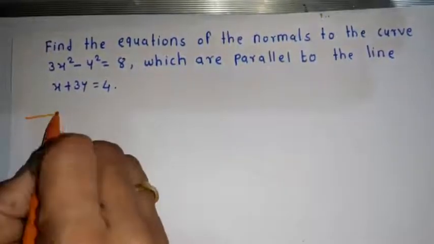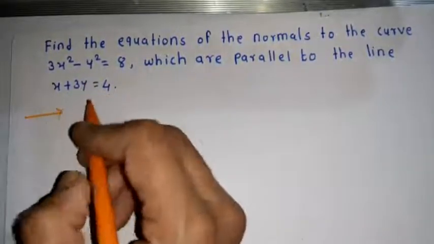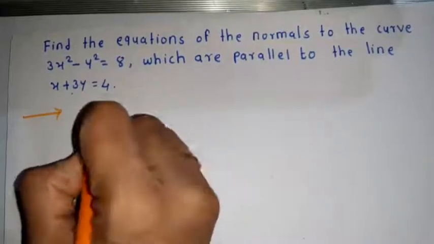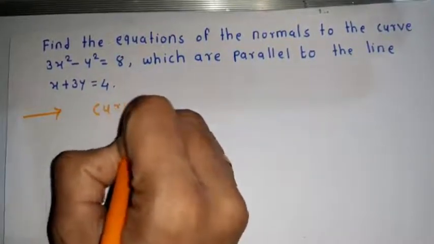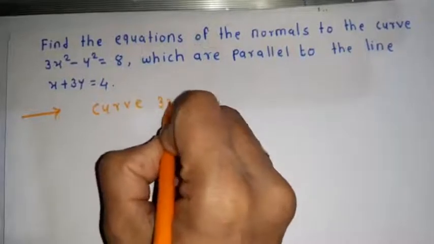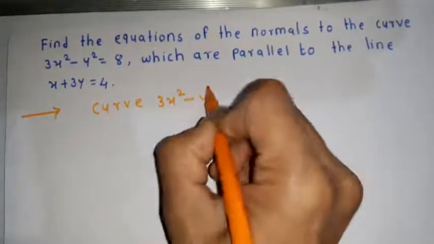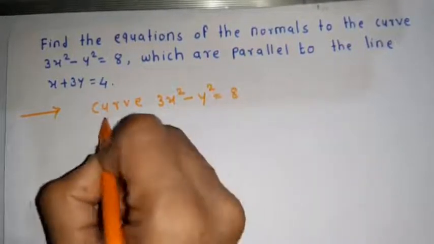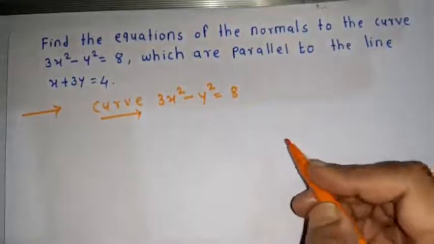Okay students, so here the equation of the curve is given, that is 3x square minus y square equal to 8. This is the curve equation.